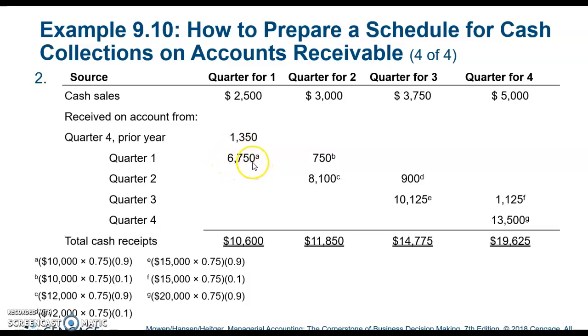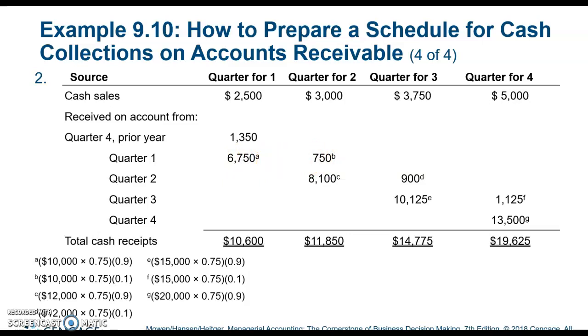So we expect to get cash this quarter from our on-account sales of $6,750. Then we expect to get the other 10% of the $7,500 on-account sales in the next quarter. So together, these two amounts equal the $7,500 on-account sales that we expect for quarter 1.